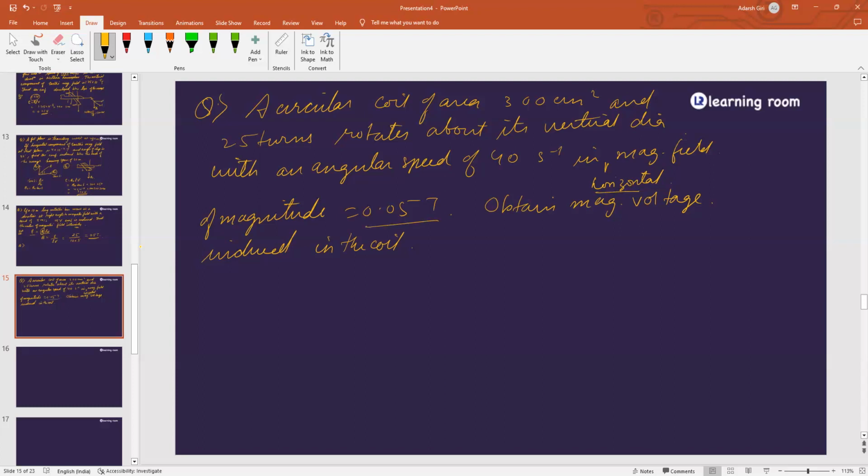Obtain the maximum voltage induced in the coil. Try to solve this.